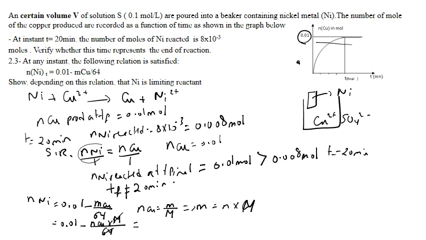And the number of mole of Cu at T final is equal to 0.01 as given in the graph. So 0.01 minus 0.01 is equal to 0. So at T final, number of mole of Ni equal to 0. Ni is consumed totally. Since it is consumed totally, it is the limiting reactant.